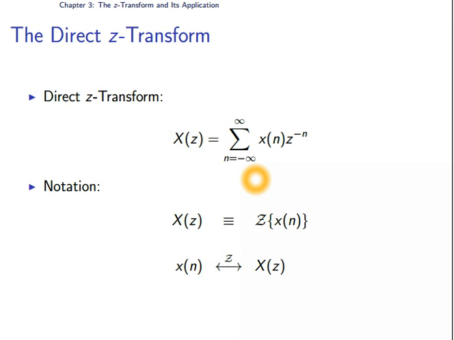Normally this Z transform plays one of the major roles in discrete time signal analysis, just like the role played by the Laplace transform in continuous time signals and systems.